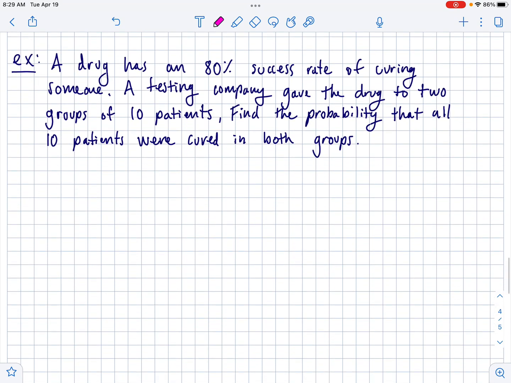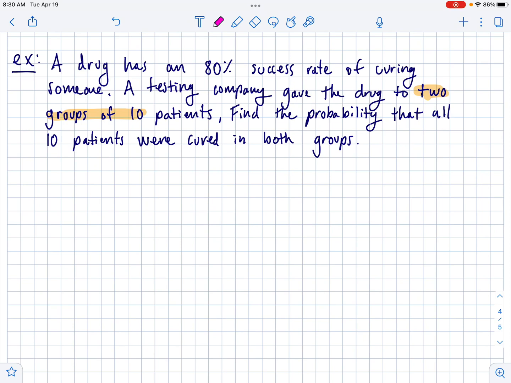Last problem. A drug has an 80% success rate of curing someone. A testing company gave the drug to 2 groups of 10. Find the probability that all 10 patients were cured in both groups. First, we could assume that it's binomially distributed since there are 2 outcomes, success and failure.